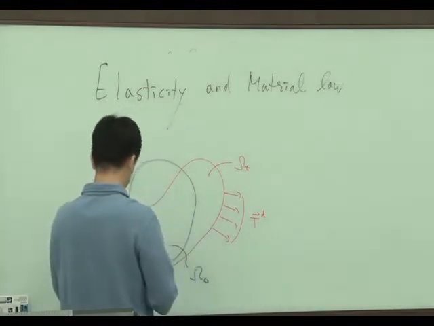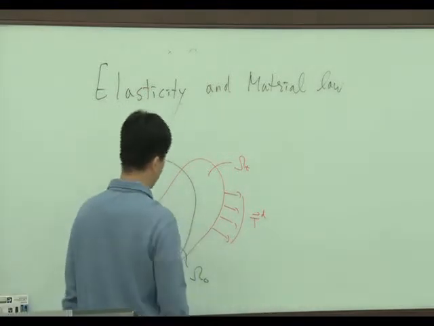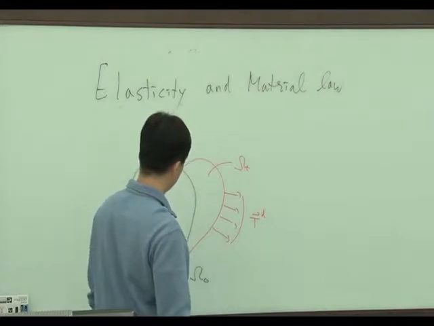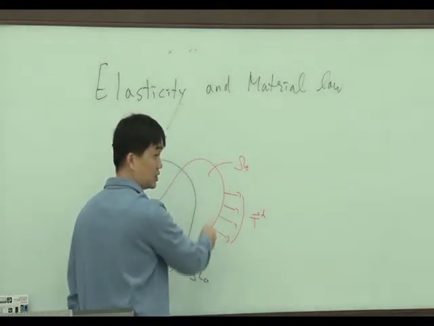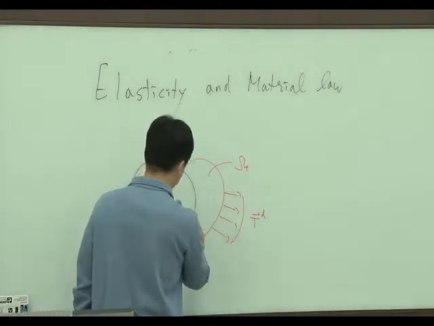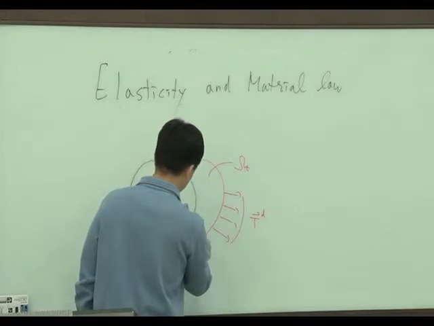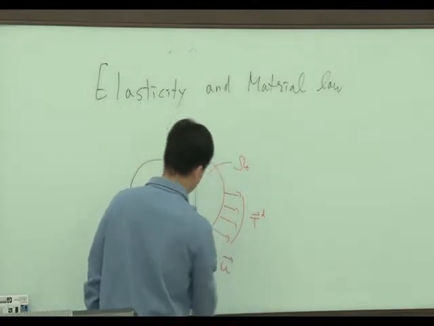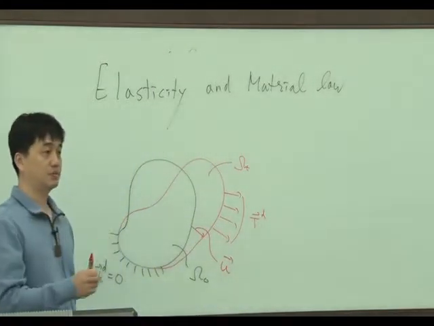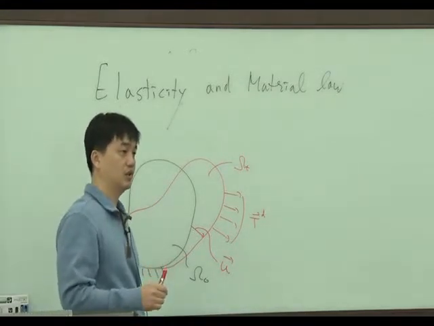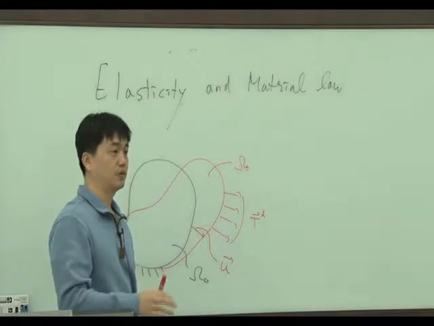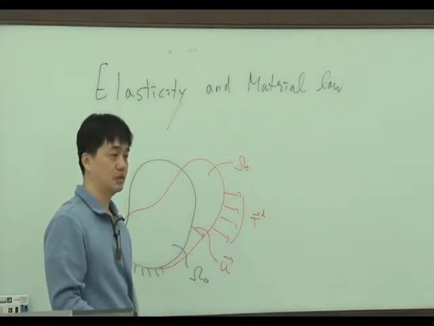And from that, because of that external force, the body is deformed and there will be a displacement U, right? The difference between the initial position and deformed position gives us displacement.